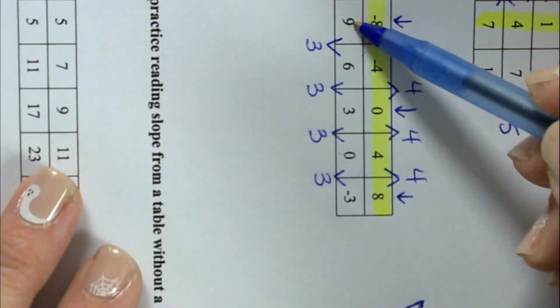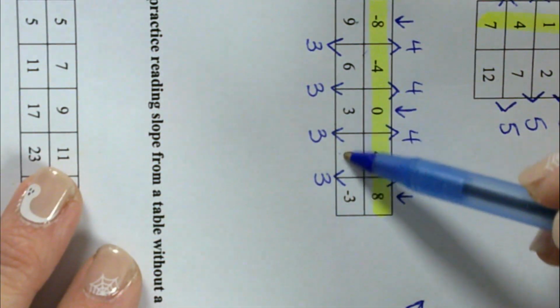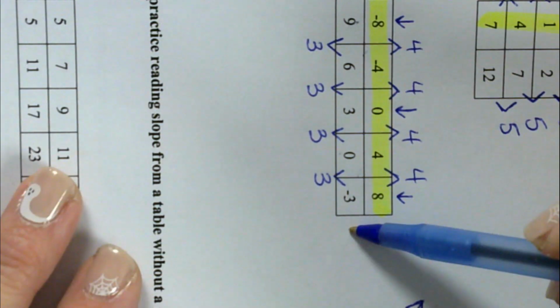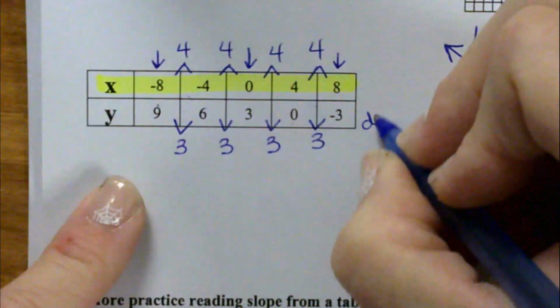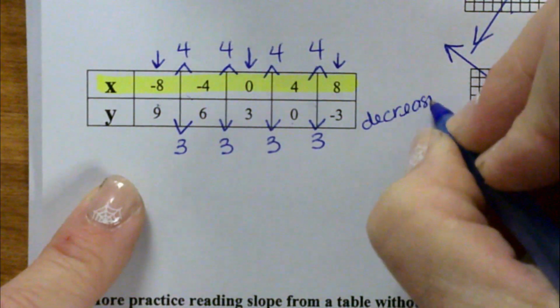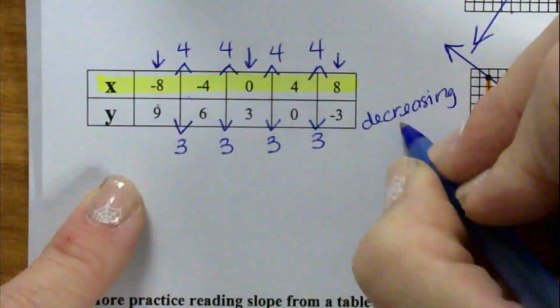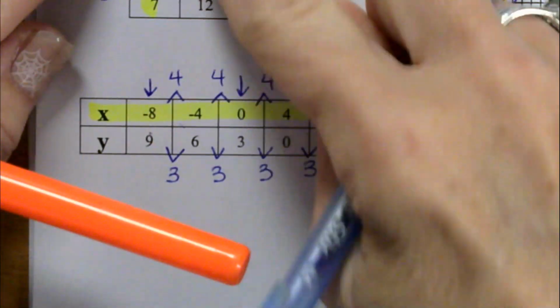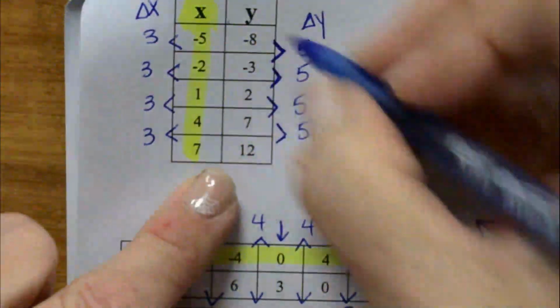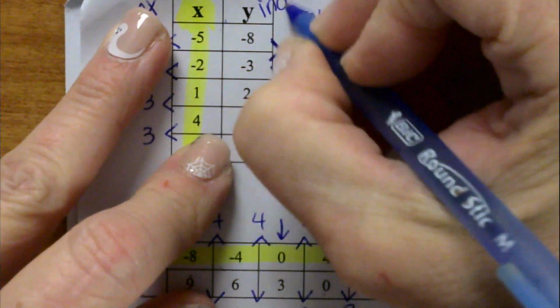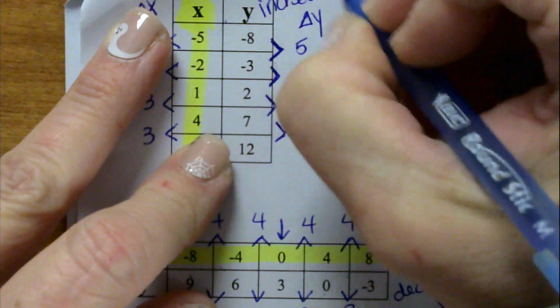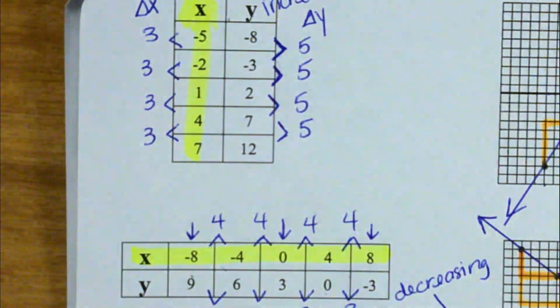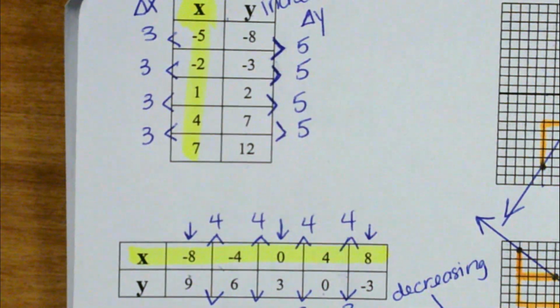If I turn it like this, what are my y values doing? They're decreasing, right? The y values are decreasing. So that means my slope is going to go downhill. My y values right up here, these y values are increasing. That's how you know if your line is positive or negative without even graphing it.